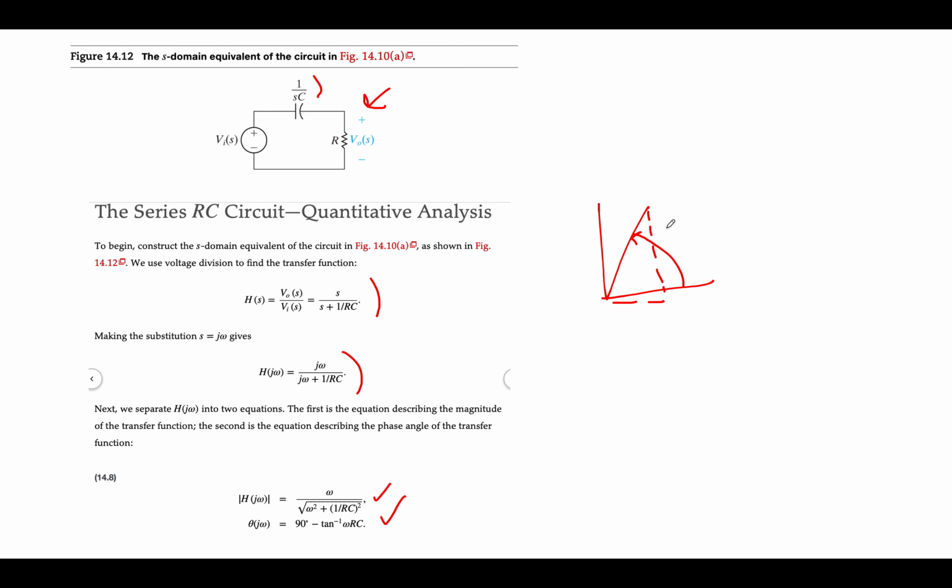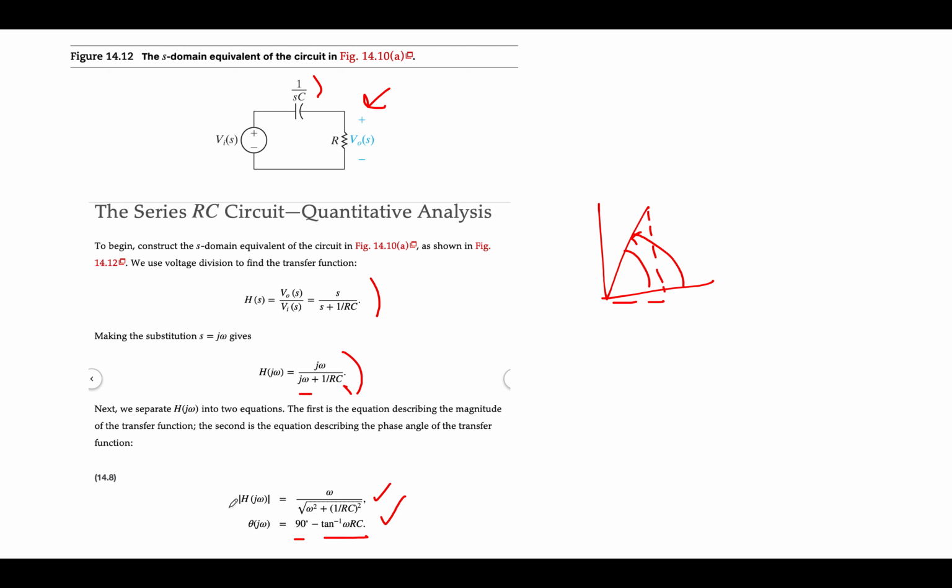So if you take imaginary, which is j omega, and you divide by real, which is 1 over RC, and you take the inverse tangent, then you'll get this angle. So that's where this phase angle comes from. And for the 90 degrees, the imaginary is j and the real is 0, so we can do that one by inspection if we want. So this is the magnitude of your transfer function.